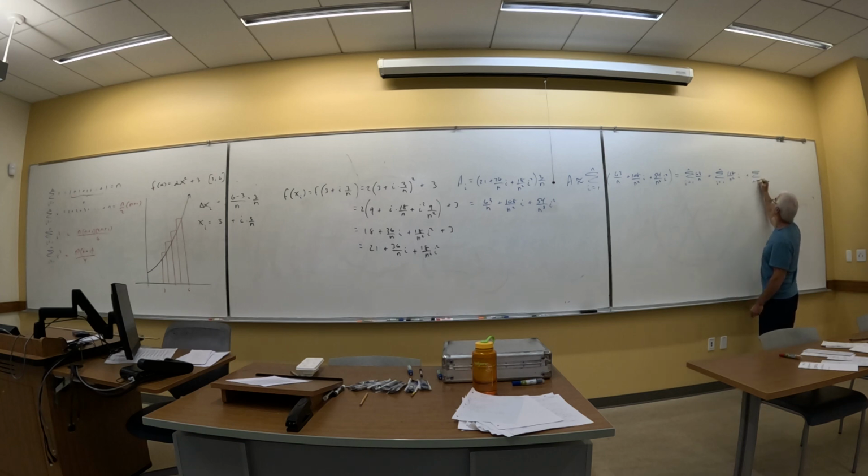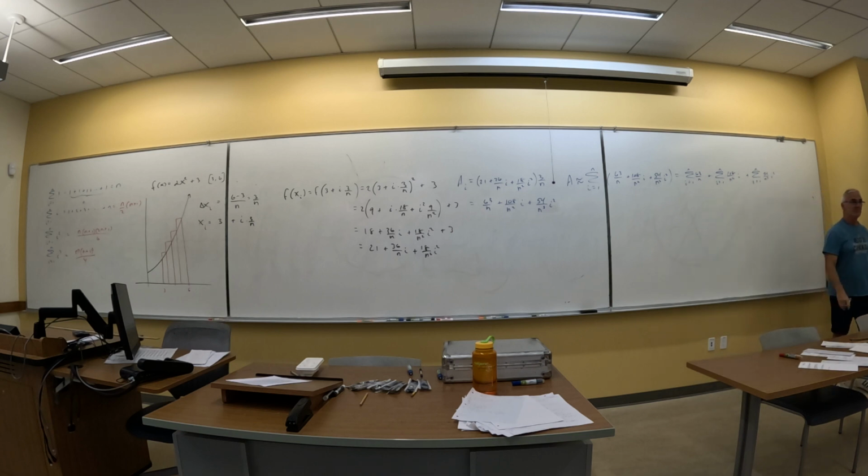What's the last one? 54 over n cubed i squared. I know this is true. But didn't we also show that we could factor out scalars? i is not a scalar. i is the thing that's changing. But n is a scalar.